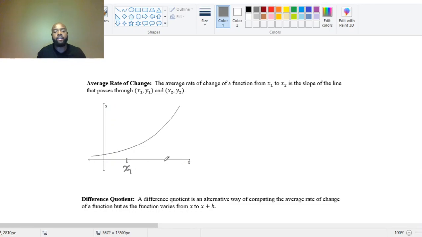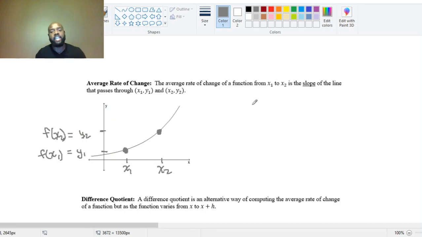I'm going to call the x coordinates of these 2 points x1 and x2. And so their functional values are going to be y1 and y2. Since this is a function, we could have said that this is f of x1, and that's f of x sub 2, all right?